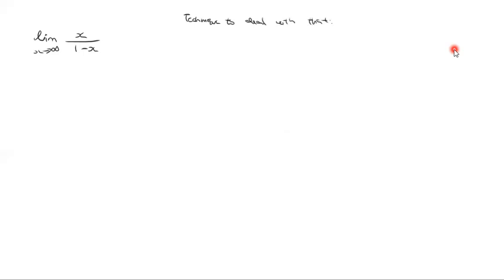So in this situation, you're going to get infinity over infinity. Now, there are kind of 2 ways to go about it. I generally prefer the second way, but I think many students might prefer the first way. So I'll just show you the first way first. Basically you divide by the highest power of x.